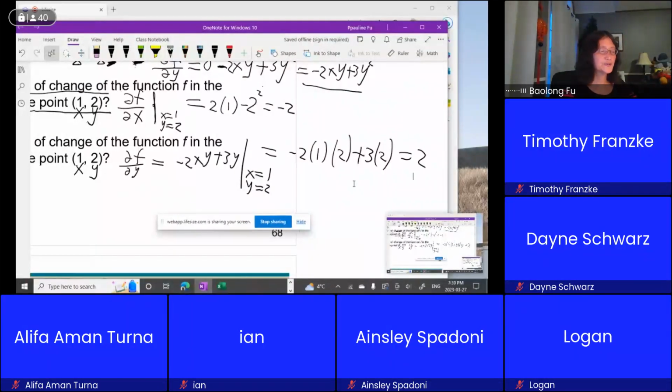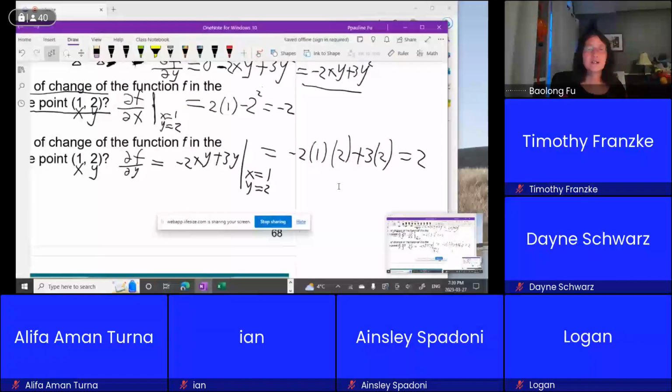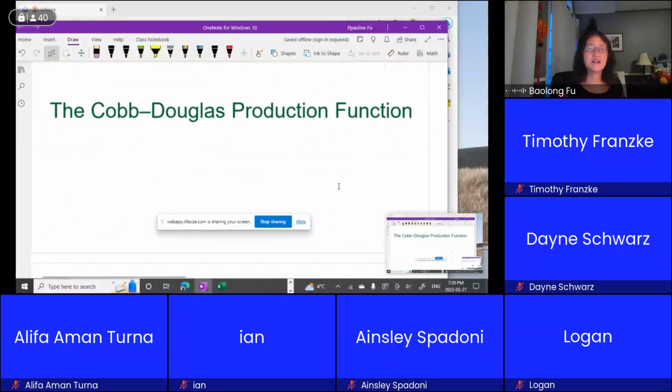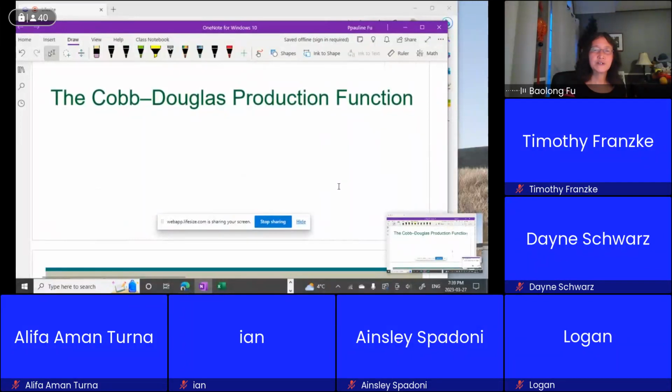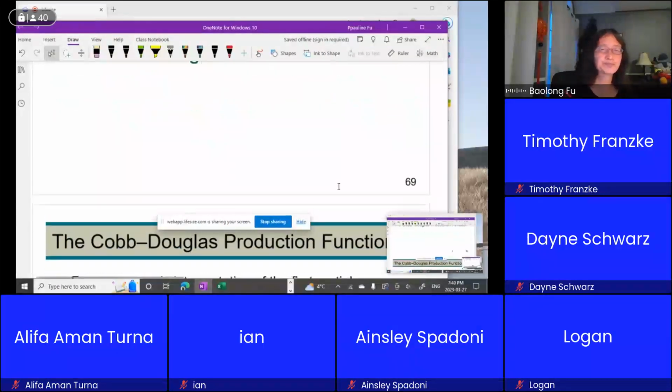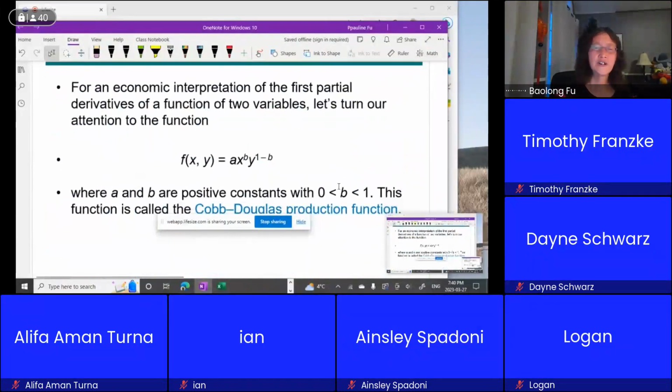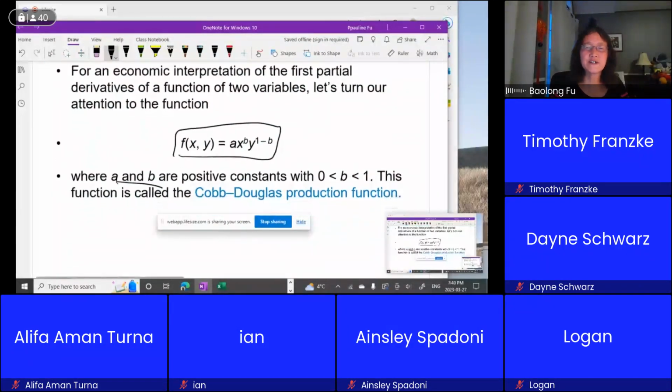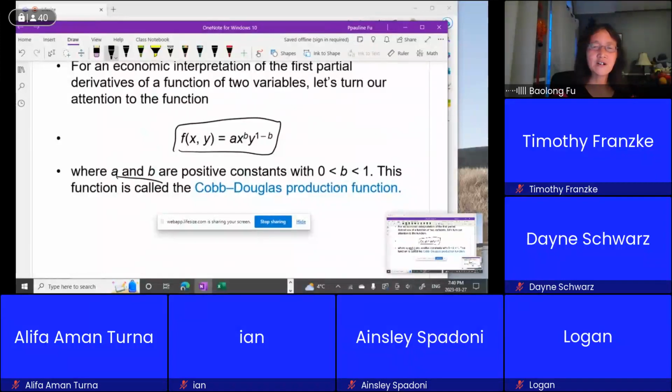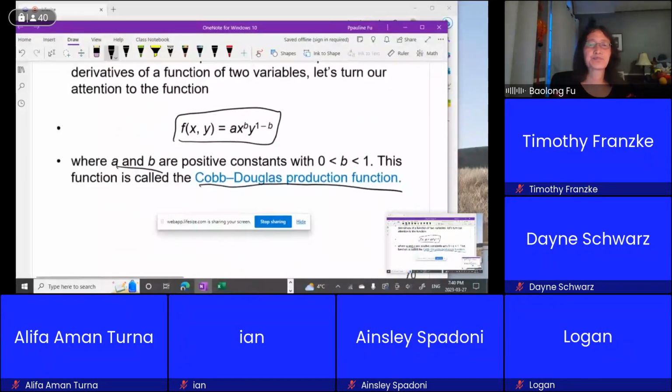Any questions? Okay. Cobb-Douglas production function, a very important function in economics. If a function has this format, where A and B are positive constants, this function is called the Cobb-Douglas production function.